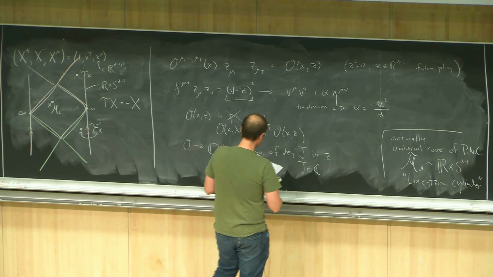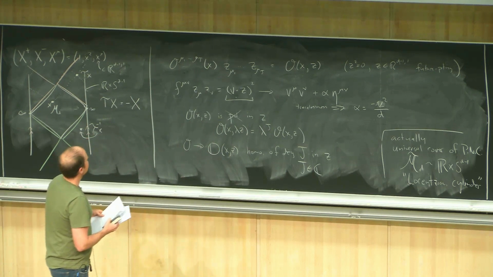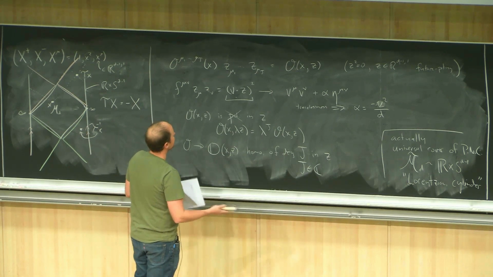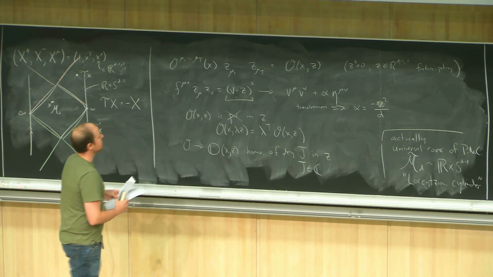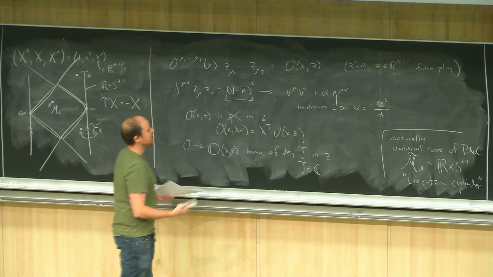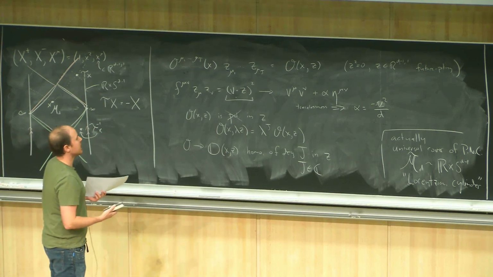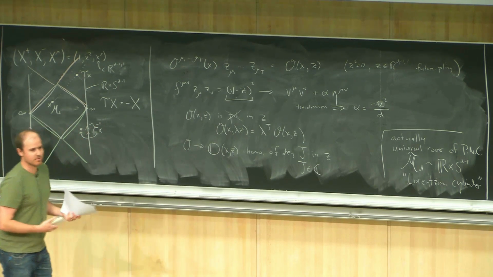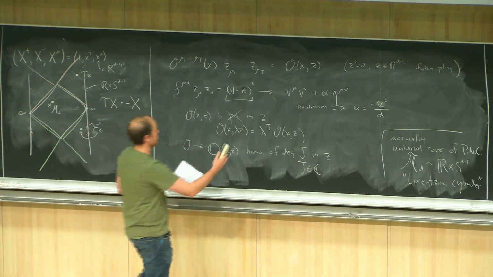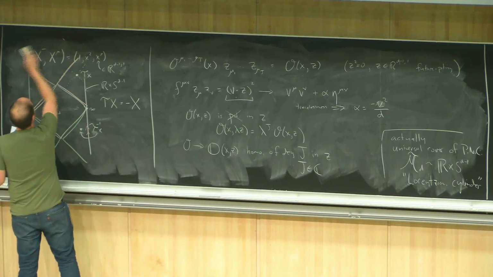The idea is that if you have an operator in Minkowski space that's a function of little x and little z, we can lift it to being a function in the embedding space. And the reason for doing that is because the embedding space operators have much more transparent conformal transformation properties than these operators. So I'll just write the dictionary, and then we'll start with that dictionary next time.